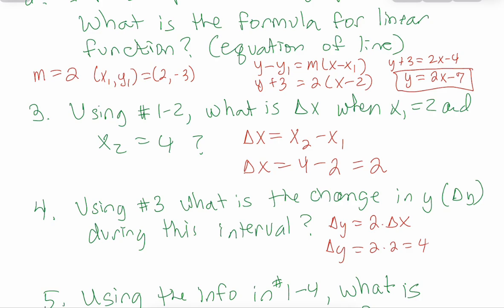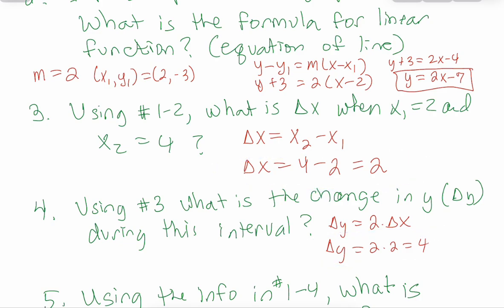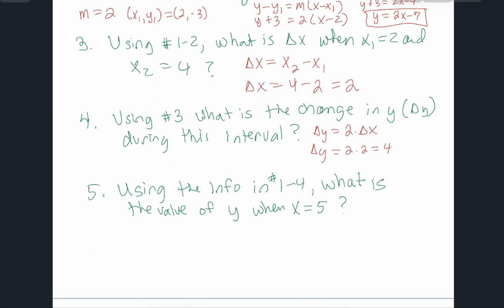So if the x changes by 2, the y has to change by double that amount, or 4. The way that you can check your work for this particular problem, delta y divided by delta x should always be your slope. What is 4 divided by 2? 2. What is the slope we found earlier? 2. All this information should go together. Okay. Any questions about 3 or 4?